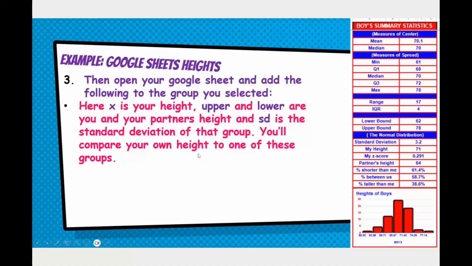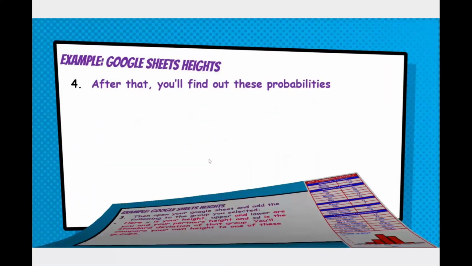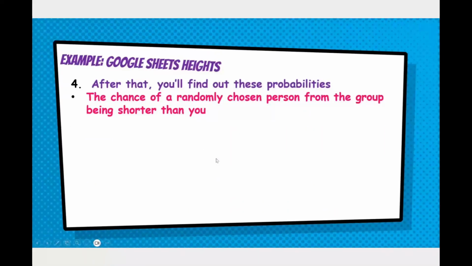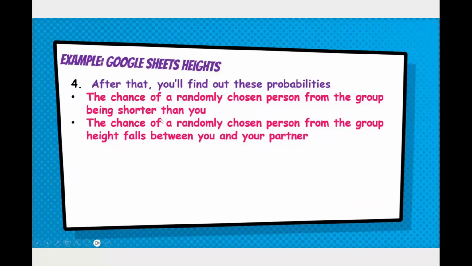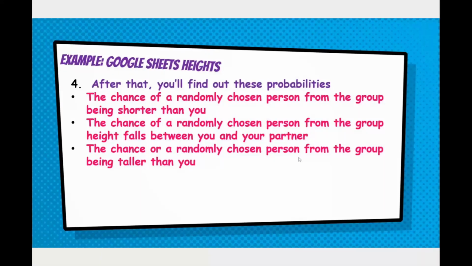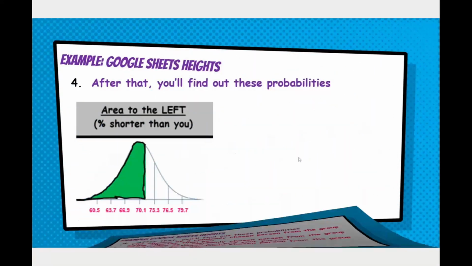You'll compare your own height to one of these groups. After that, you'll find out the probability: the chance of randomly choosing a person from the group being shorter than you, the chance of a person from the group falling between you and your partner, and taller than you.